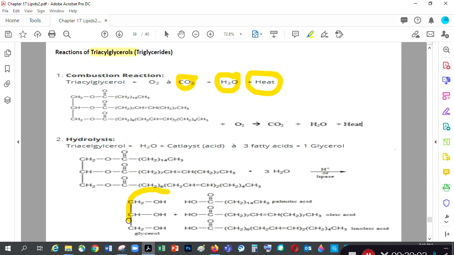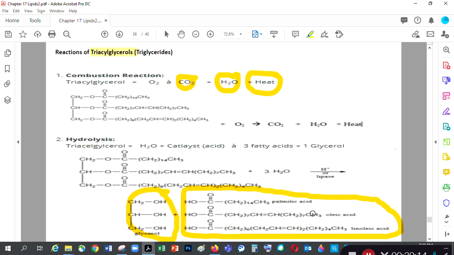You produce one alcohol, which is glycerol, with 3 hydroxy groups, and three fatty acids, carboxylic acids. The same thing as in normal ester hydrolysis. The only thing unique about this is that the triglyceride might have different fatty acids.